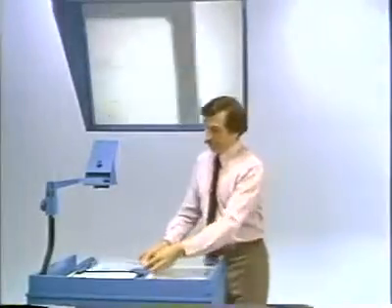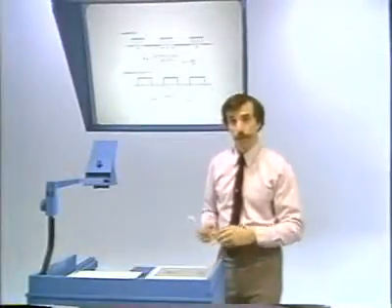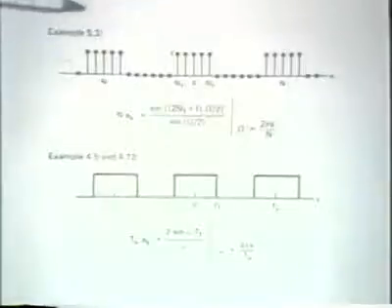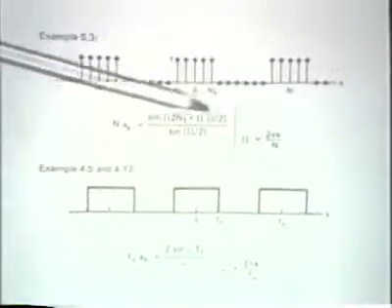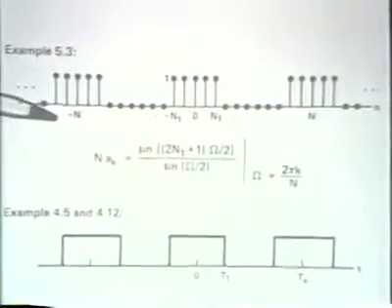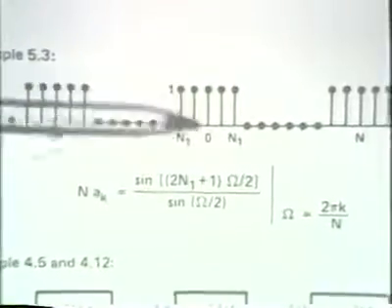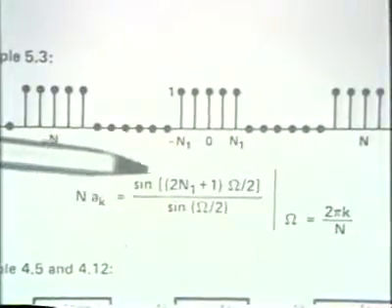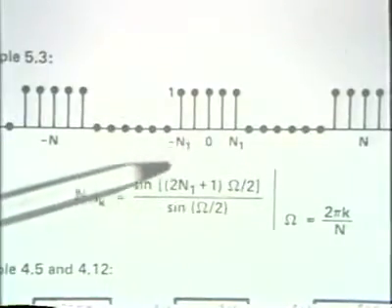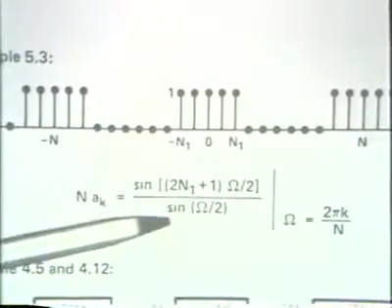Okay, let's look at another example. This is another example from the text, and one that we'll be making frequent reference to in this lecture. It is a square wave, and I've expressed the Fourier series coefficients, which are algebraically developed in the text, as samples of an envelope function, the sin Nx over sin x function.